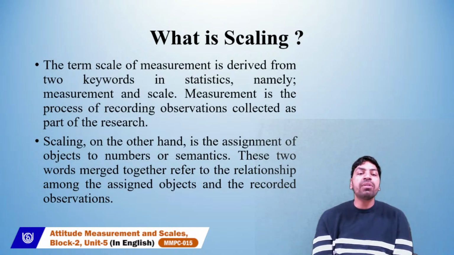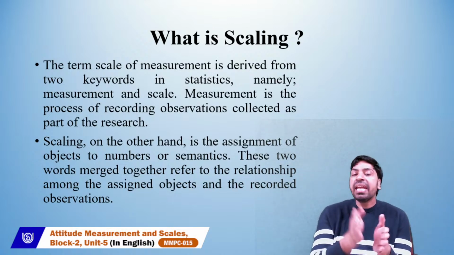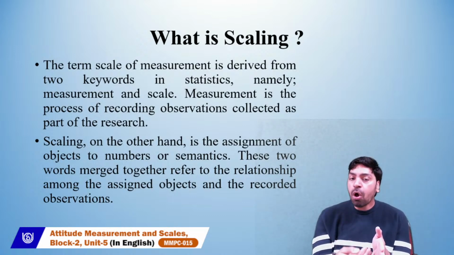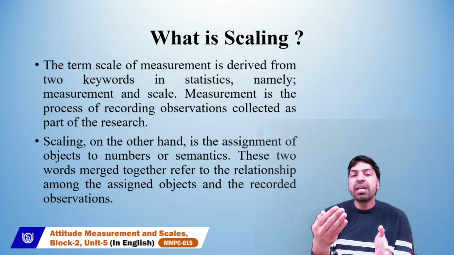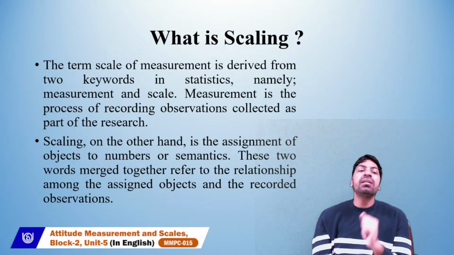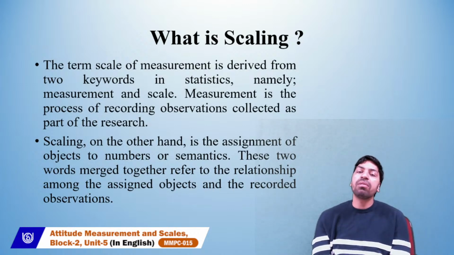If we talk about the income of students, like less than 10,000, 10,000 to 20,000, 20,000 to 30,000, 30,000 to 40,000, and I put these options which are available in the question into numbers, or into any other alphabetical codes, that's called scaling.